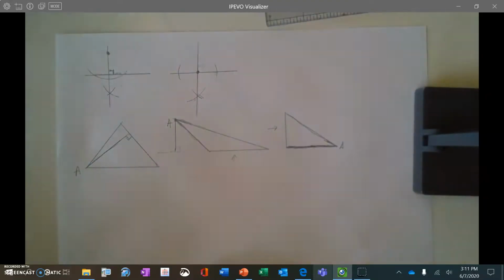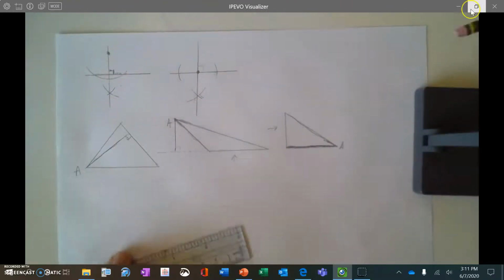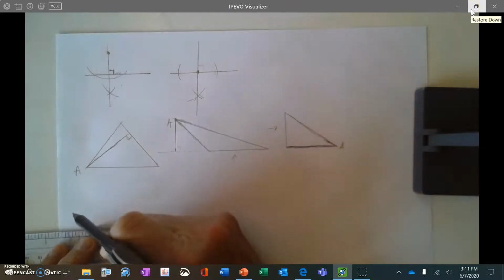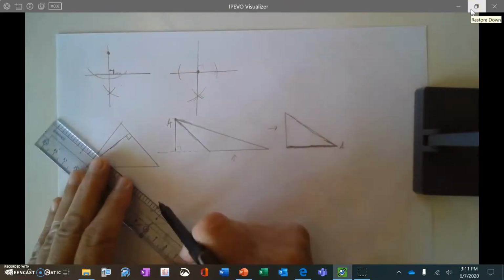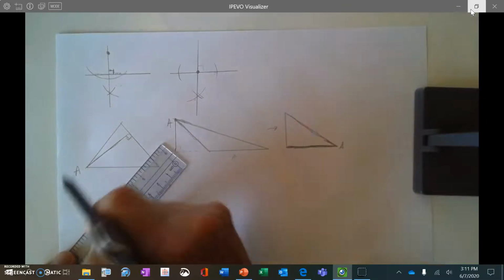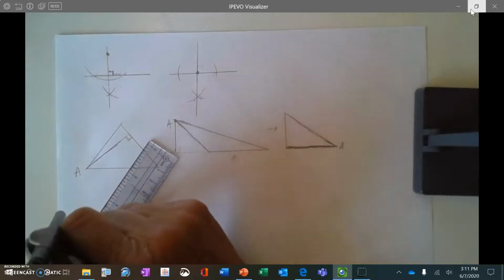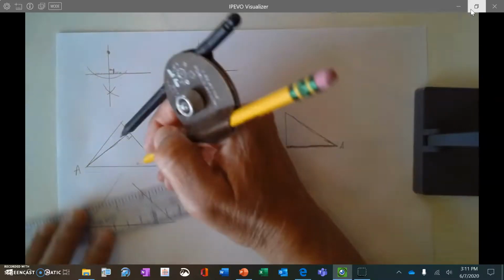Okay, then the next thing they do is they say, yeah, you had fun sketching those, but now what we want you to do is to construct these. Okay, so I'm going to go back, and I'm going to try to do the same kind of shape. So here is a triangle that looks kind of like this.